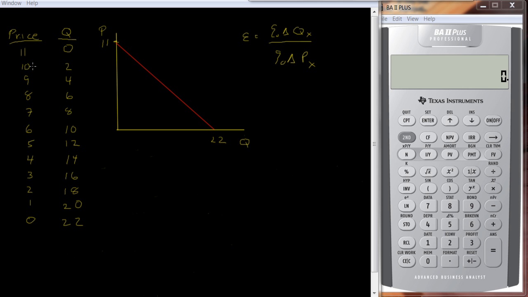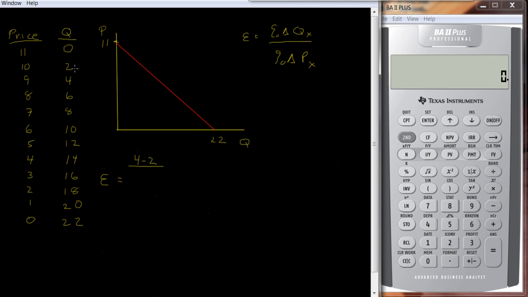Let's start at a price of 10 and suppose the price falls to 9. Let's find the elasticity. So the elasticity is going to be equal to, and we'll use epsilon for elasticity, the percentage change in Q. The change in Q is 4 minus 2, and in order to have a percentage change, you have to divide by something.